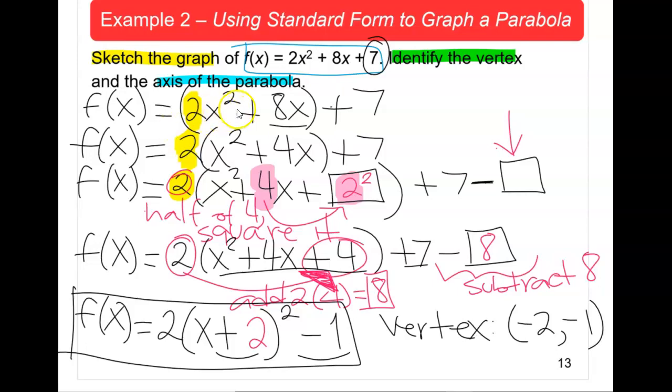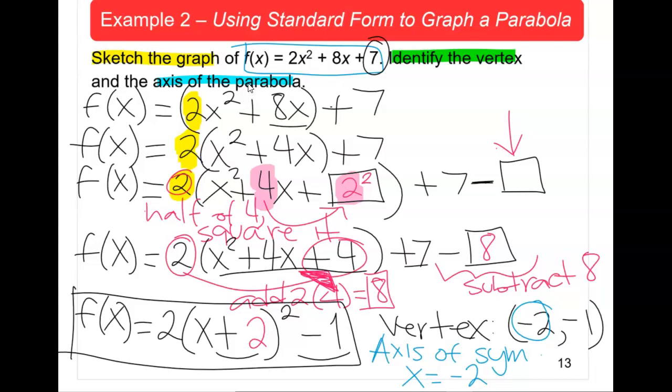Okay, the axis of the parabola, or the axis of symmetry, is going to come from the x value. x equals negative 2, and it is a vertical line, so that's why we use that.